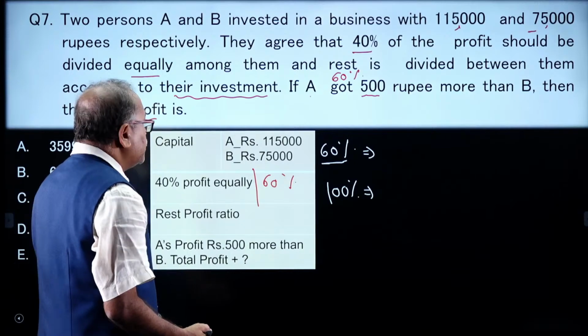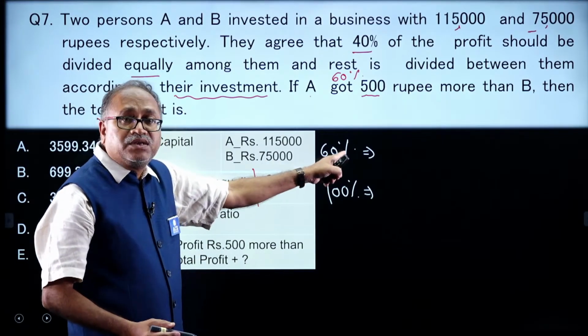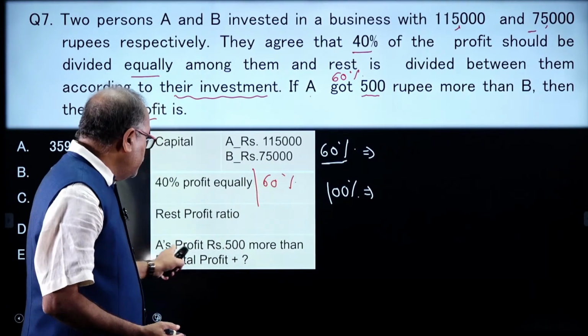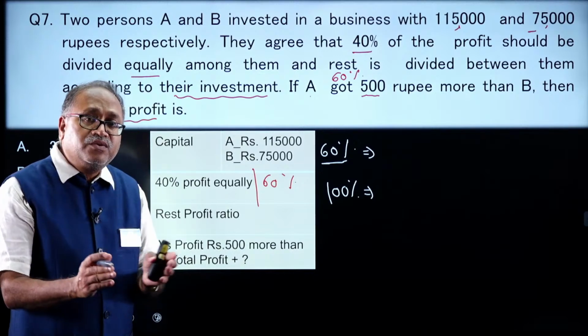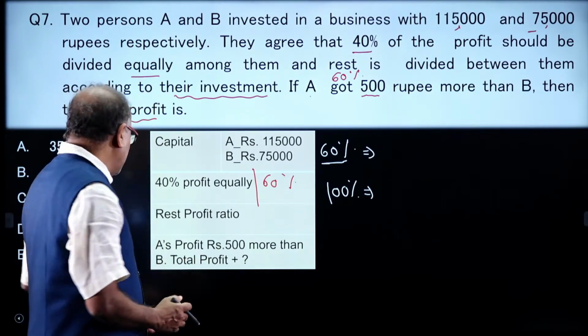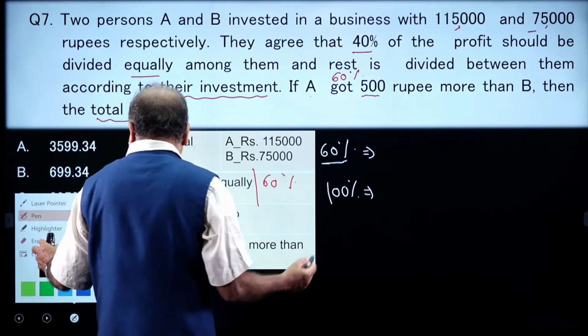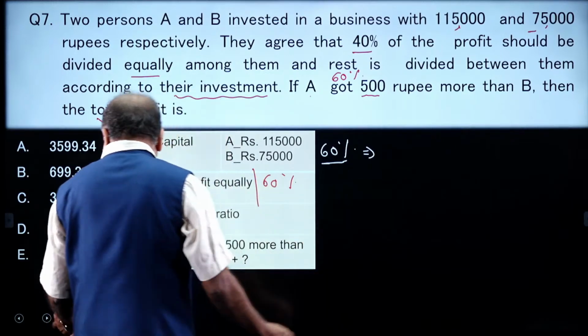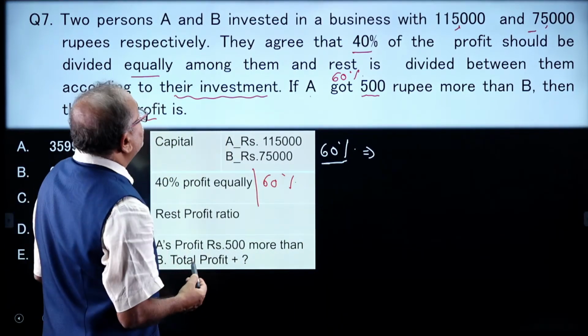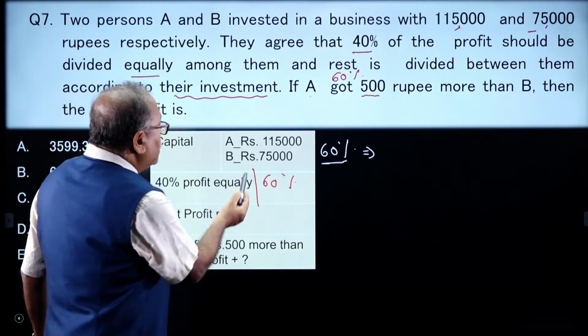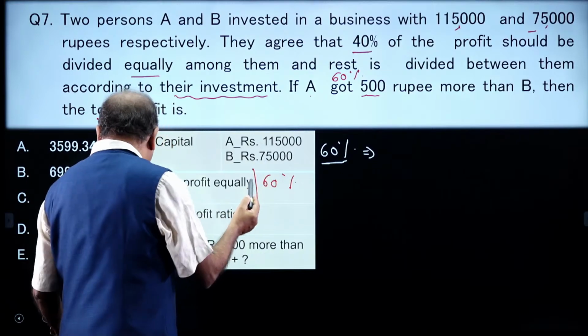What is their capital ratio in which this 60% is distributed, in which A is getting 500 rupees more than B? So I will first find out this 60%. What is their capital ratio? Their capital ratio, I notice that I can cancel these numbers.